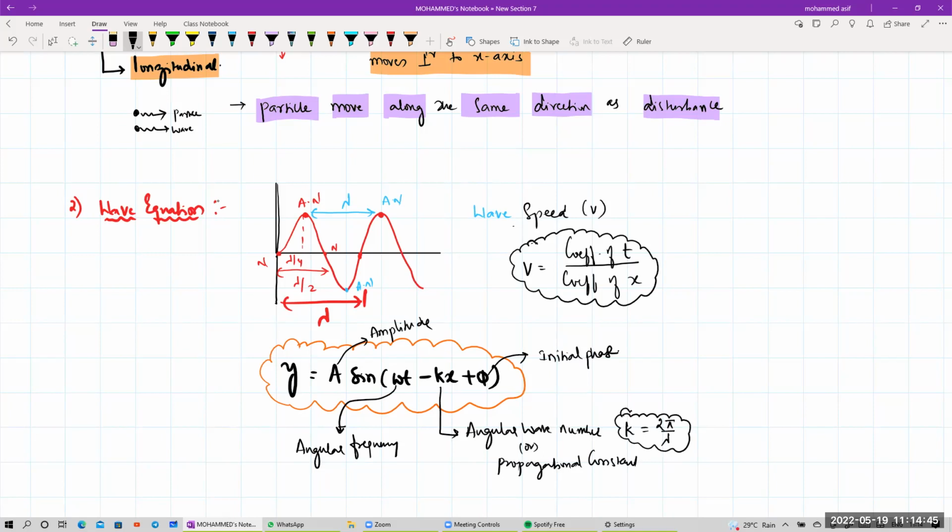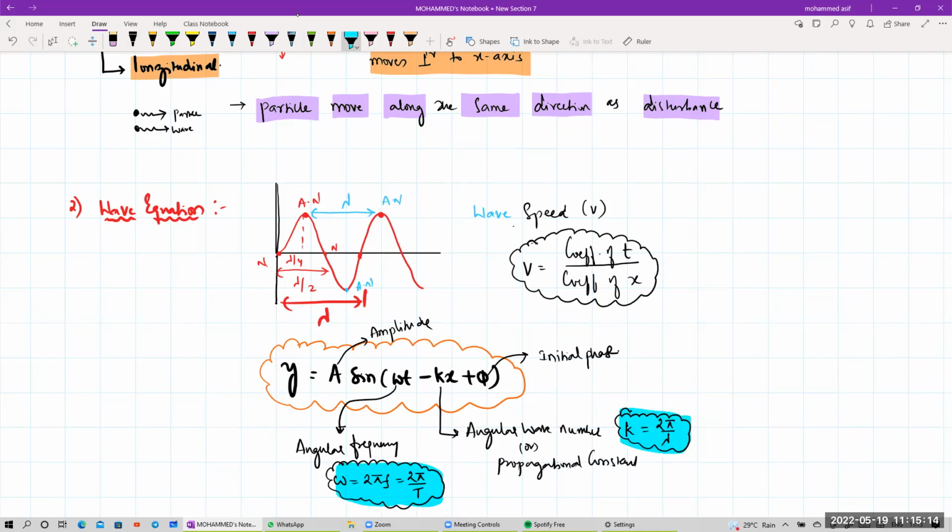Omega value will be equal to 2 pi into F. Reciprocal of frequency is known as the time period, so F is equal to 1 by T. So wave number is represented by K and angular frequency is represented by omega. Omega is equal to 2 pi F, or 2 pi by capital T. Clear? So these are the important formulas you need to remember in the wave equation.